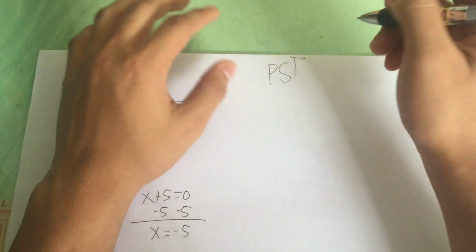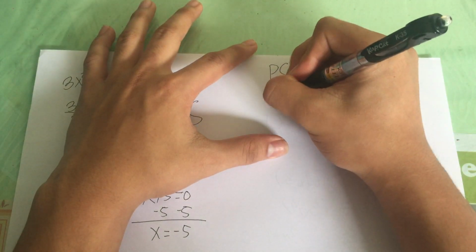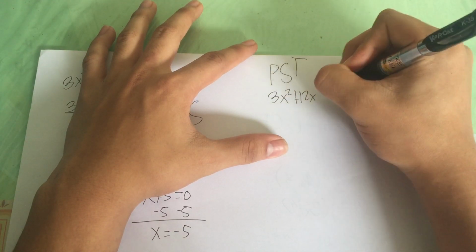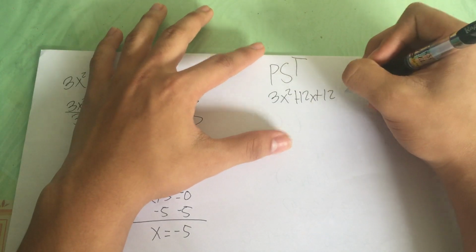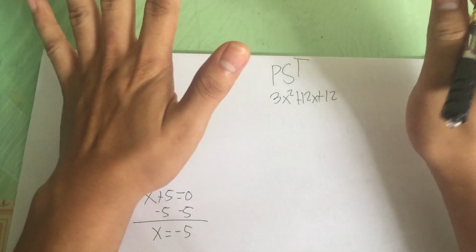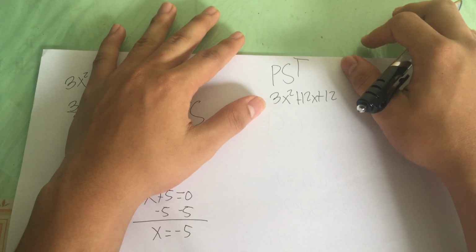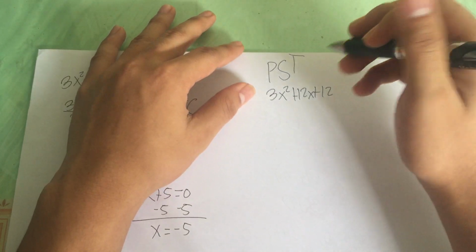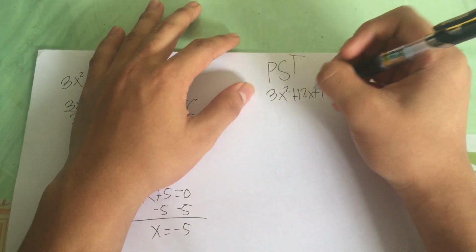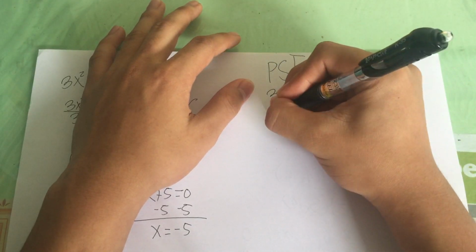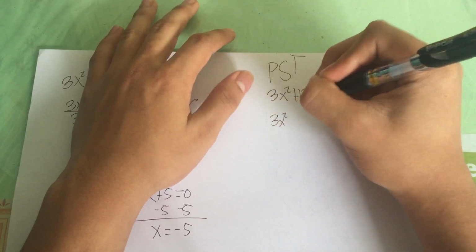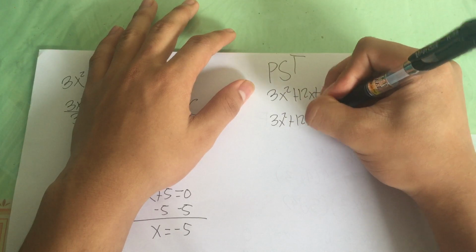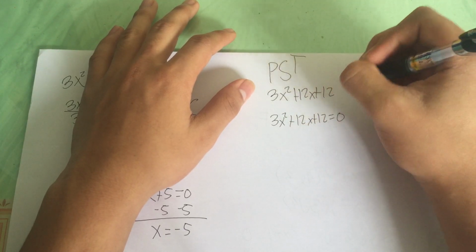Suppose we are given the problem 3x squared plus 12x plus 12. But first, do you know what PST means? If not, it means perfect square trinomial. So, what we're going to do again is copy the formula. 3x squared plus 12x plus 12 equals 0.